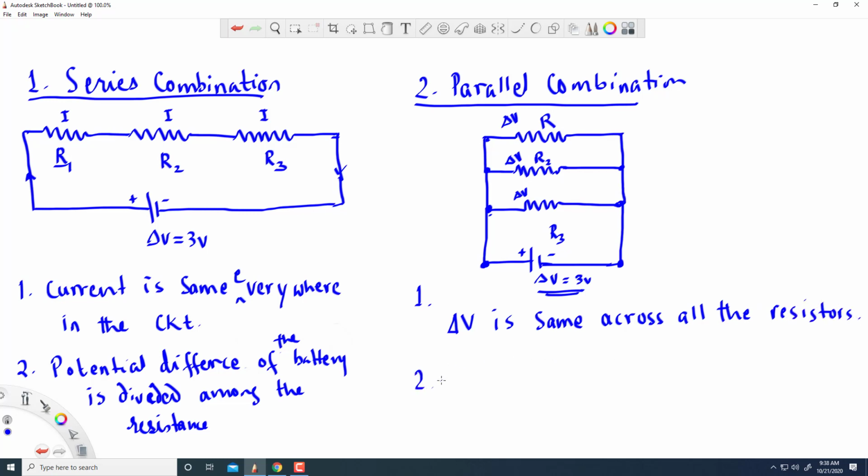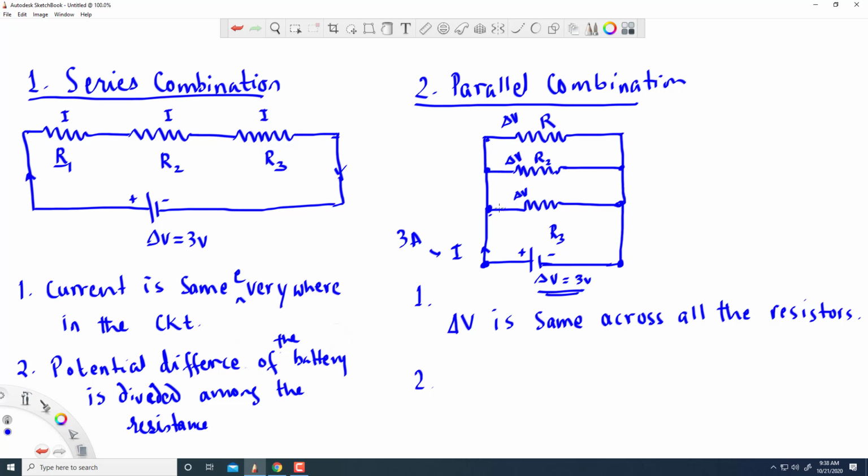And the second one is, the main function of the battery is to pump the current. Let us say the battery pumps a current of I, maybe 3 amperes. I am just supposing it is 3 amperes. This 3 amperes will be divided among these 3 branches.